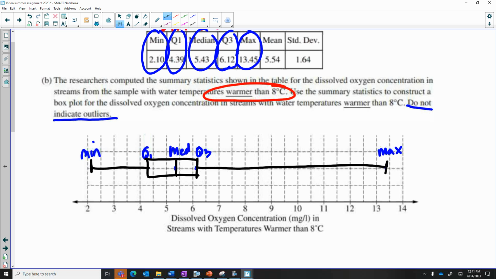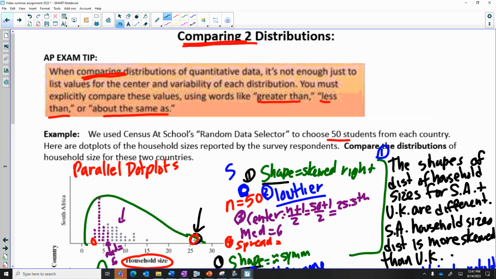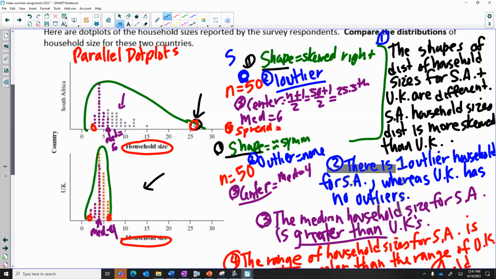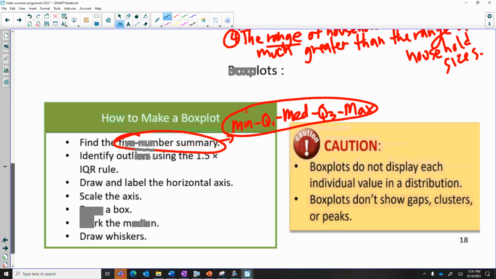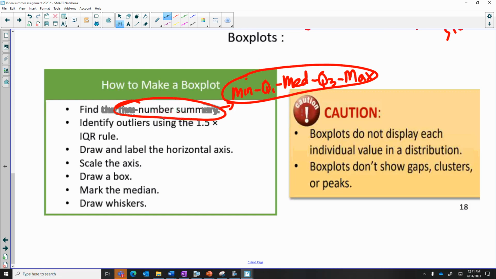Now, does the box plot show exact values? It does not. It only shows the 5-number summary. So I don't know what the values are between the minimum and the Q1 at all in the data set. I only know the 5-number summary. So if I go back over to here, I just want to make a note that box plots do not display individual values.